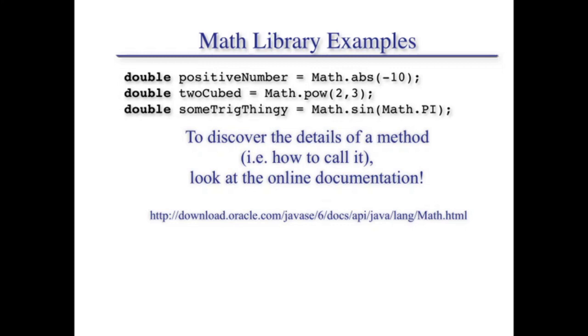So Math.PI will return the value of the constant pi, and the sine function, which is taking it as an argument, will compute the sine of pi and return that value, and it will be assigned to the variable someTrigThingY, which is of data type double. So these are some of the functions and examples that can clear up your mind regarding what a method is.